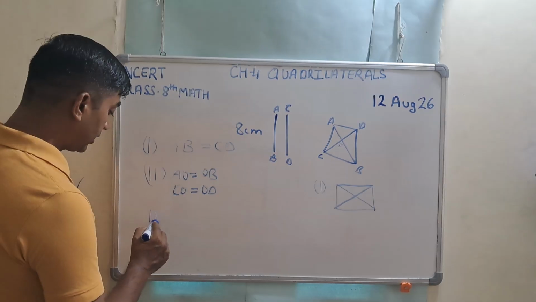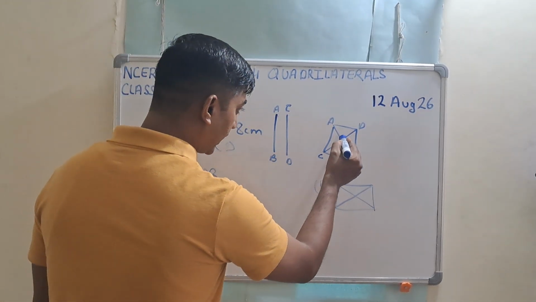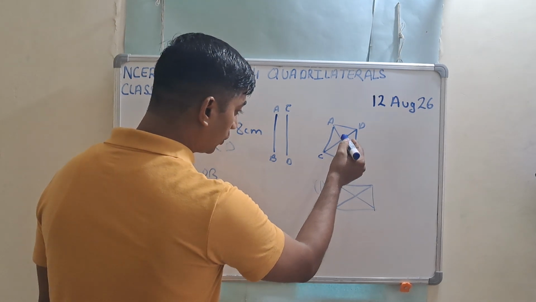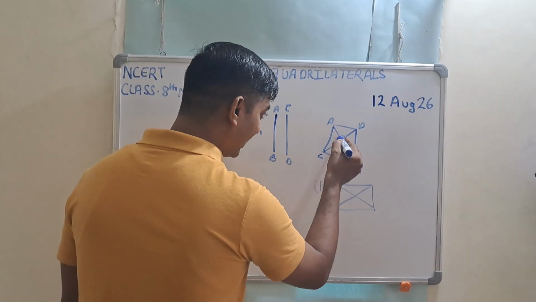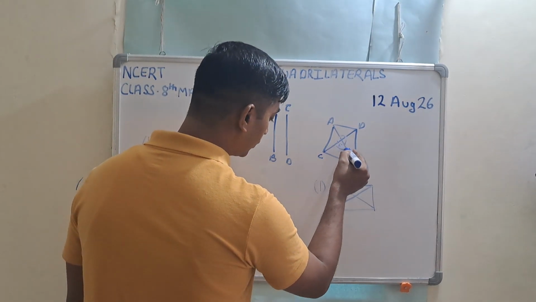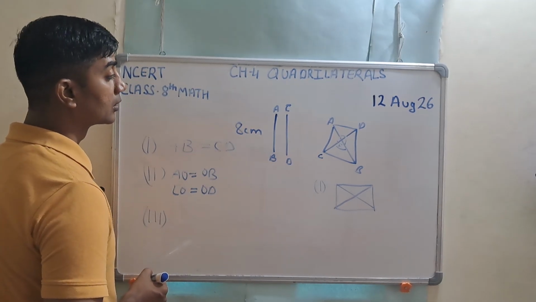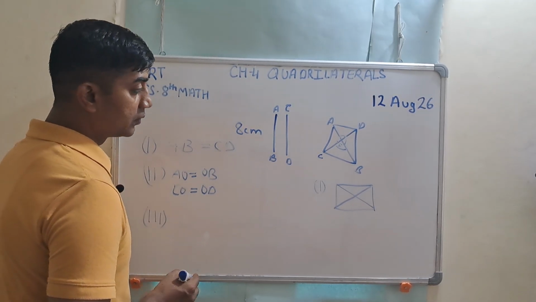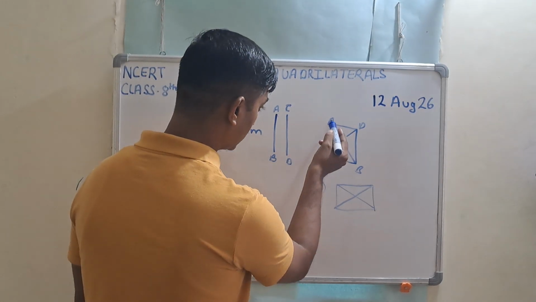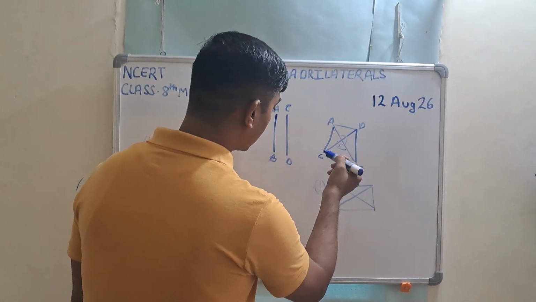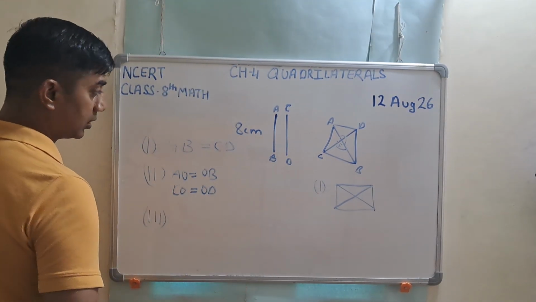And the third point we have deduced was how the angle formed by these two diagonals is related. Understood? From that conclusion we find out that all these sides are actually equal.